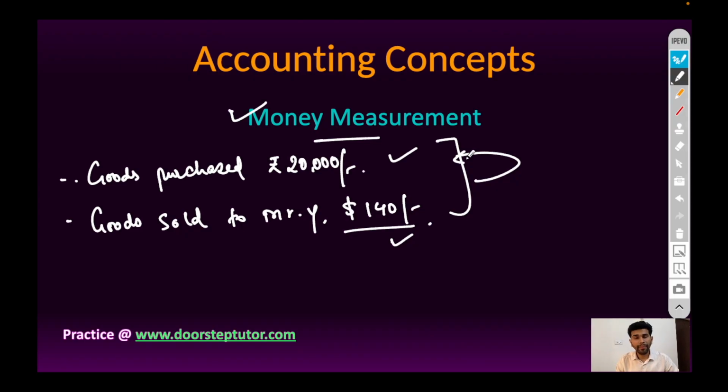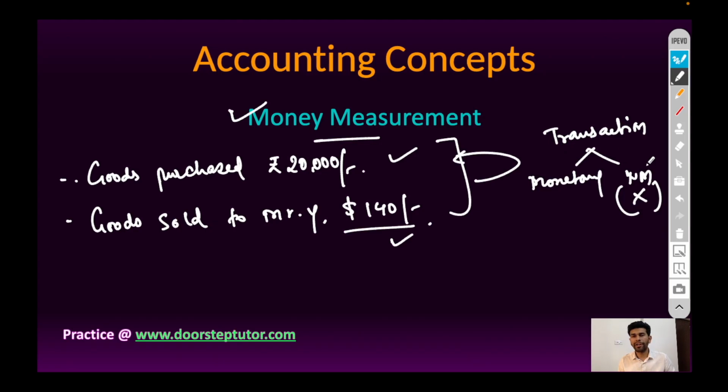So money measurement concept says that only those transactions are recorded in books of accounts which can be identified in terms of money. As we know, transactions can be classified into monetary transactions and non-monetary transactions. Non-monetary means barter transaction, one goods for another.